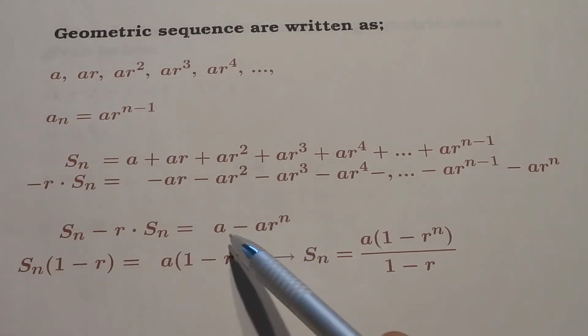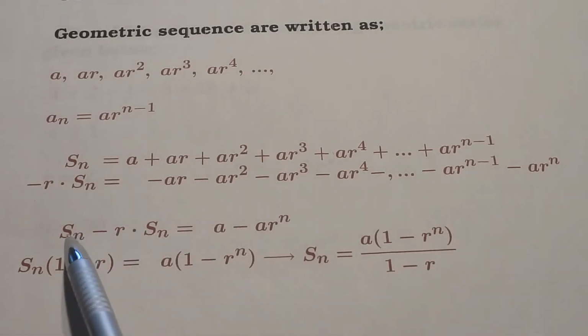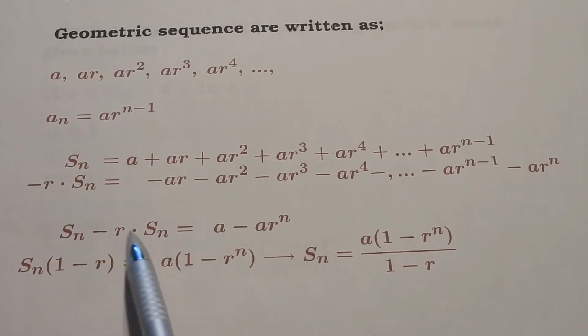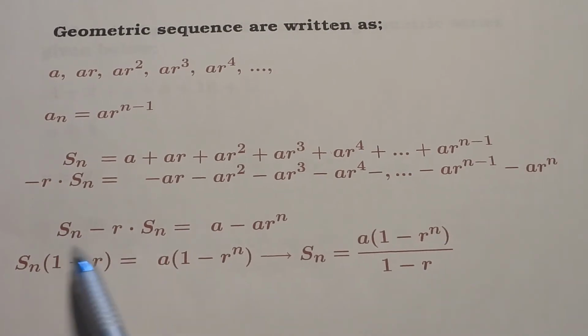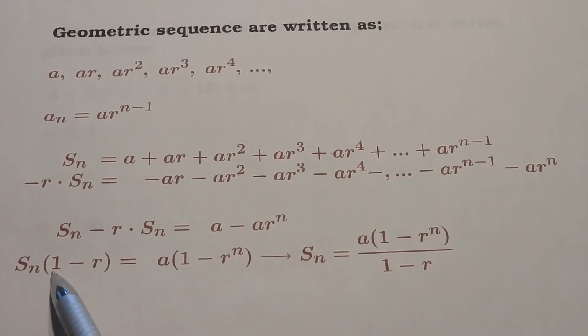And the next step, we simplify. As a first step, you factor out S sub n, then S sub n times (1 minus r) equals, on the right side, you factor out a again, a times (1 minus r to the n).